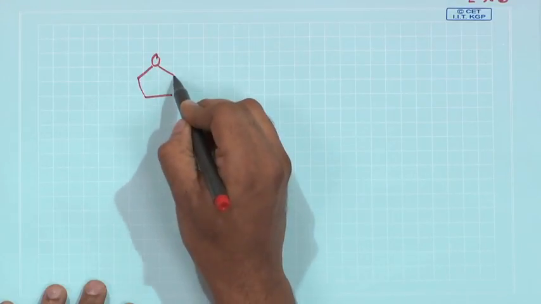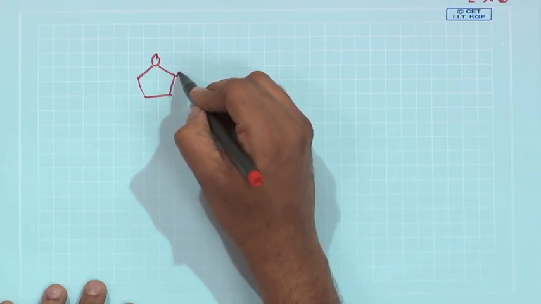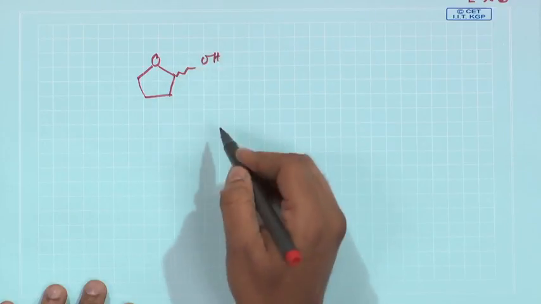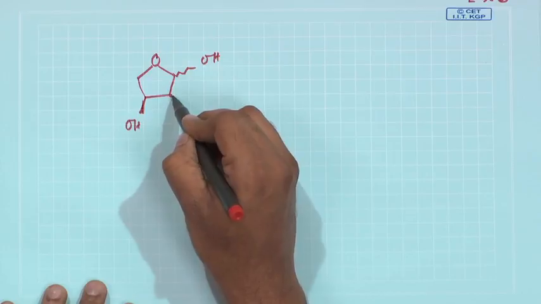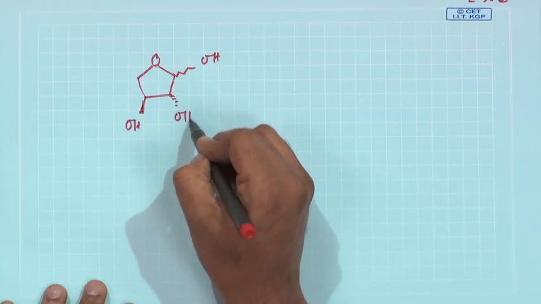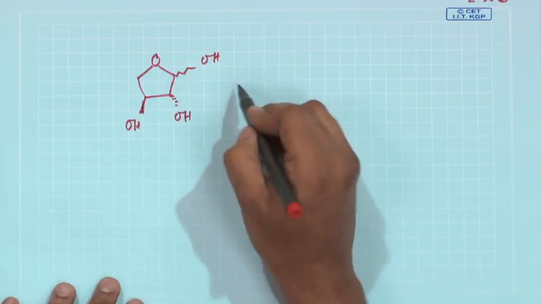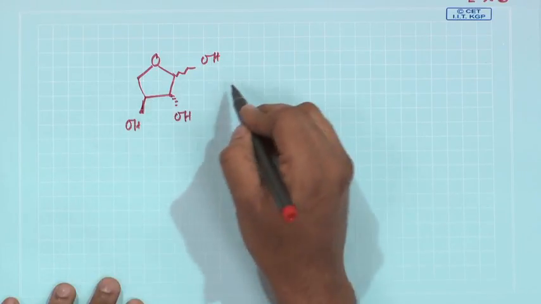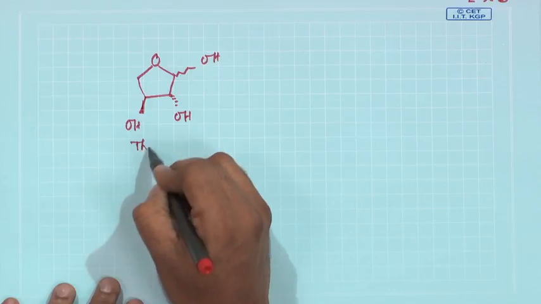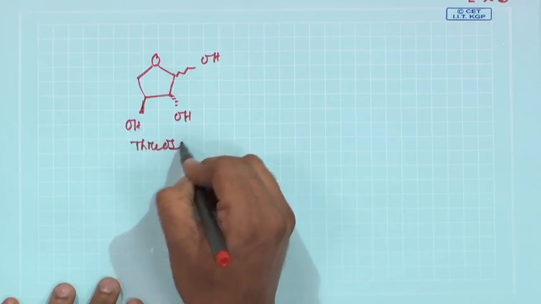The next one will be another problem where we now switch over to carbohydrates. This carbohydrate is a 4-carbon carbohydrate, basically threose.